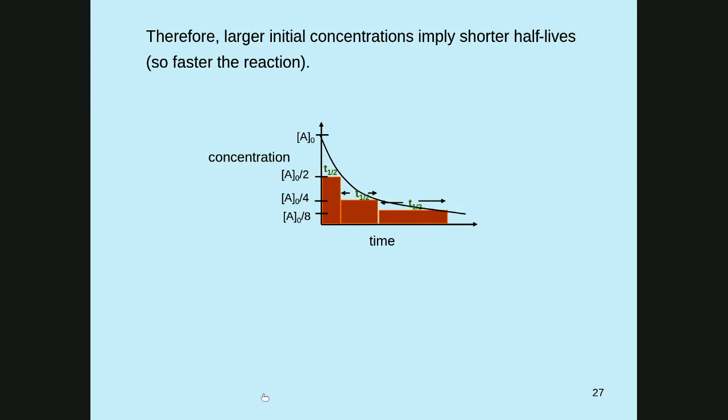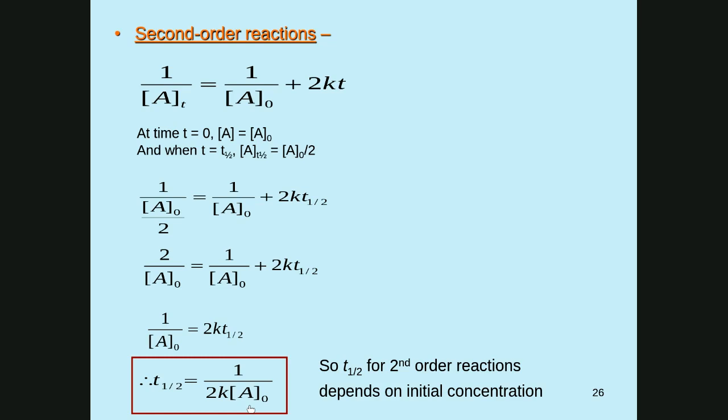And that has to do with the fact that t1/2 is inversely proportional to the starting concentration. So if the starting concentration is less by a half, right? What that implies is that t1/2 for the subsequent reduction in concentration by 1/2 is twice the time it initially took to go from A naught to half A naught. So to go from half A naught to quarter A naught will take you twice as long.